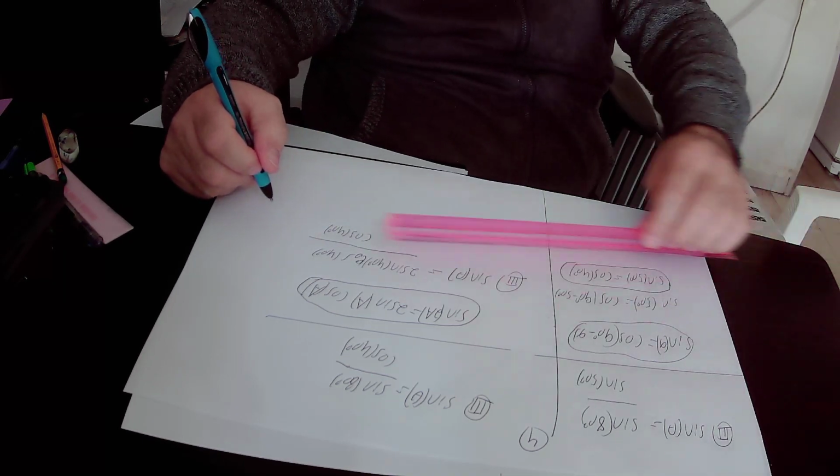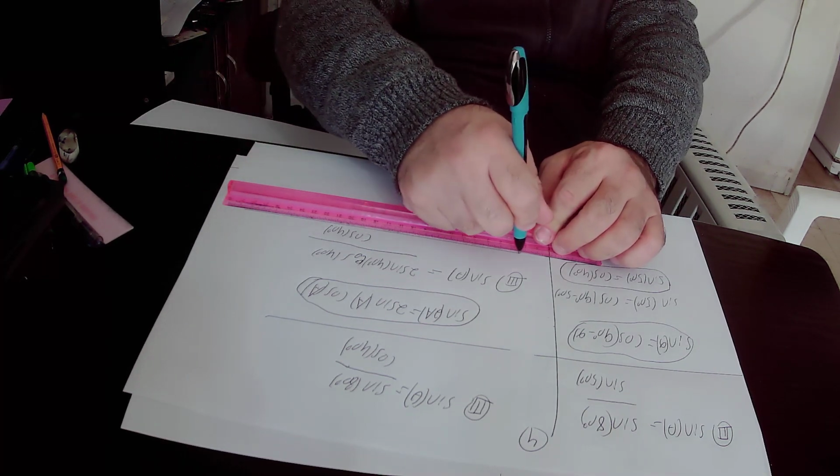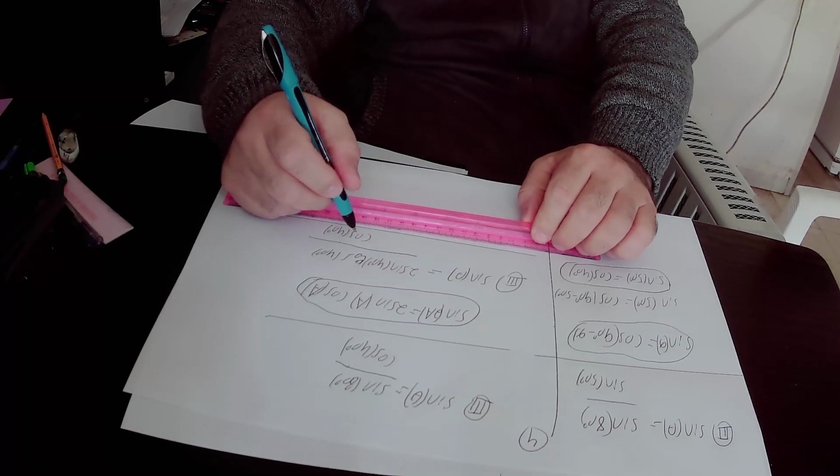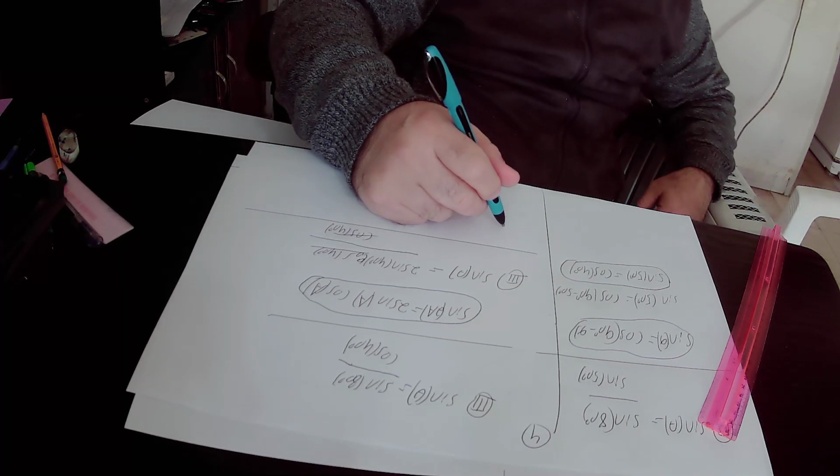Here we have cosine 40 degrees in the numerator and denominator, so cosine 40 degrees will get cancelled.